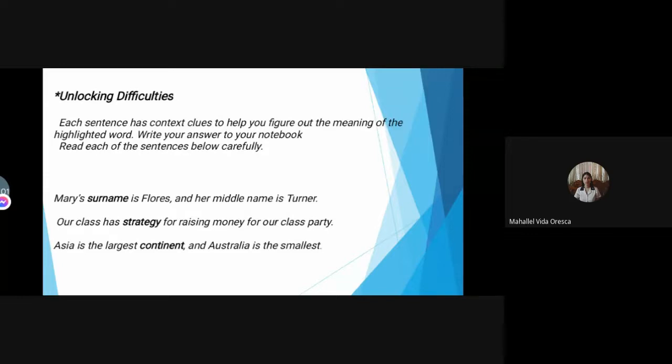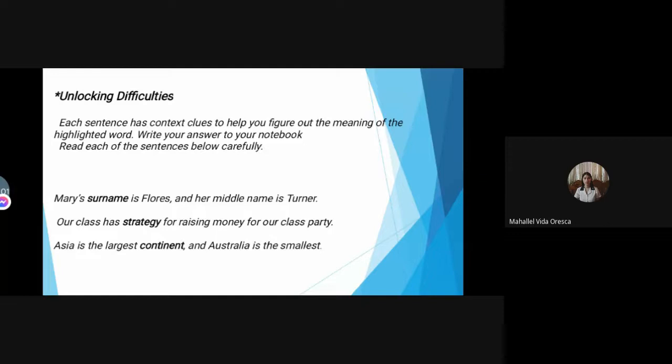Now, let's have a short quiz. Each sentence has context clues to help you figure out the meaning of the highlighted word. Write your answer to your notebook. Read each of the sentence below carefully.